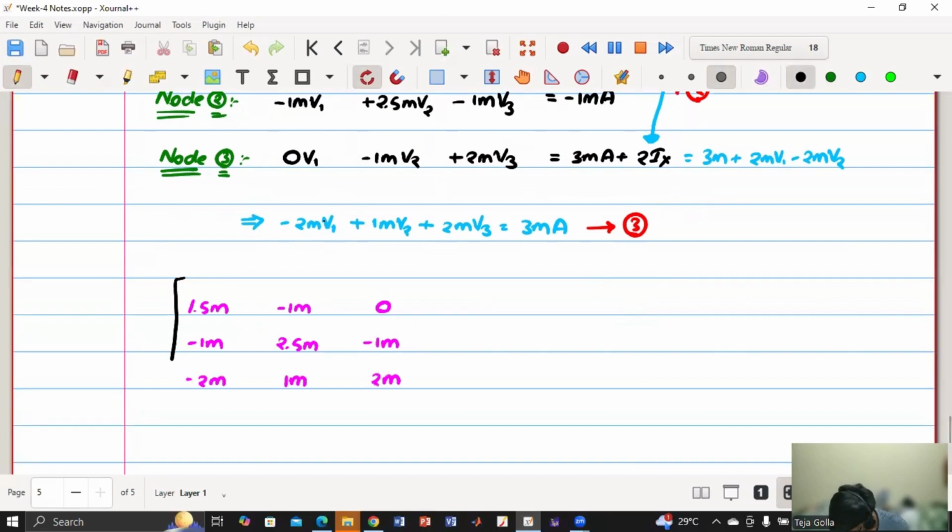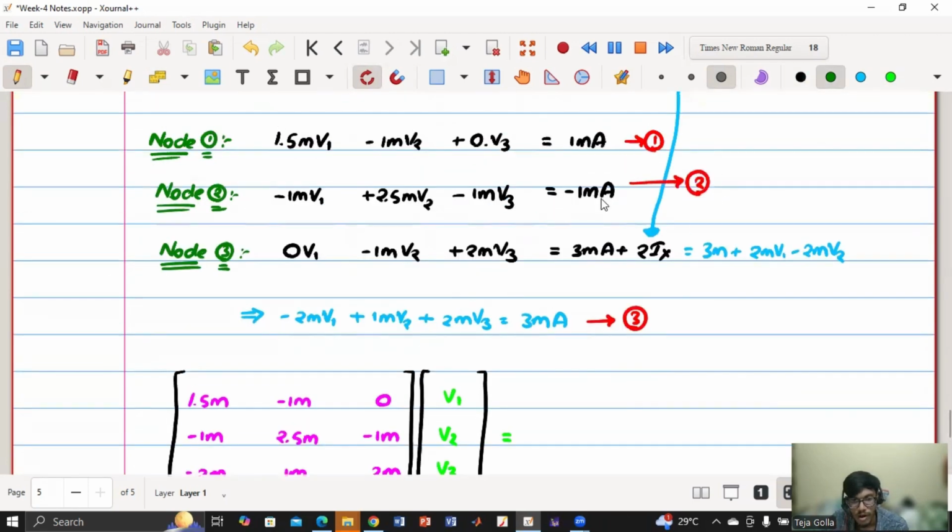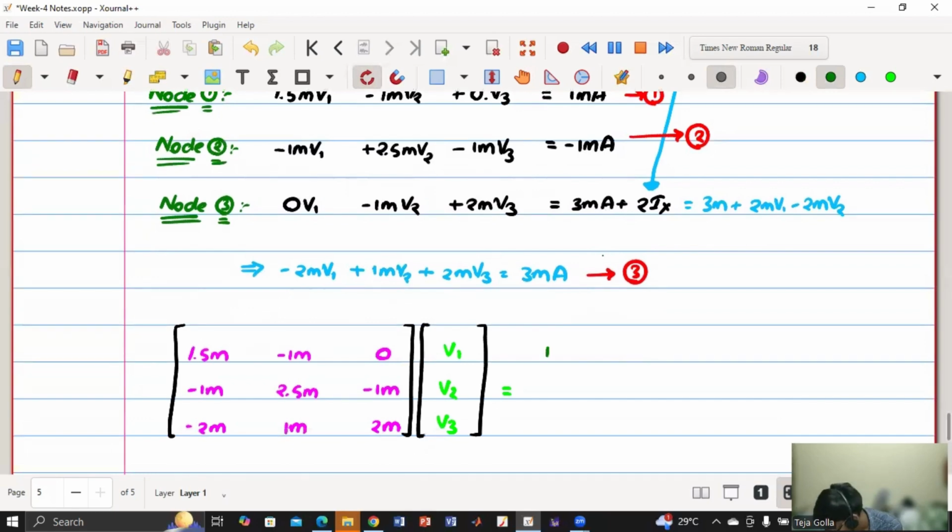This is the conductance matrix into V1, V2, V3 is equal to the values 1 milli, minus 1 milli and 3 milli.